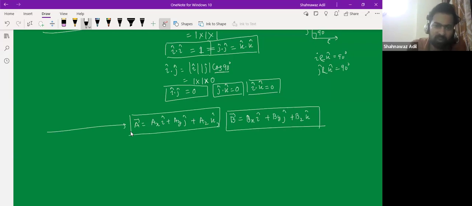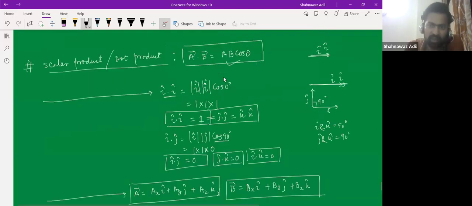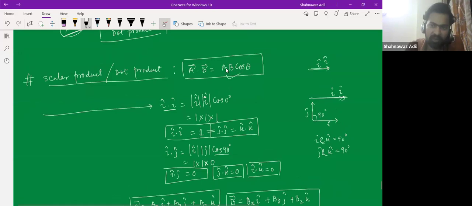One way to find the dot product is this: AB cos theta, magnitude of A, magnitude of B, and the angle between them, right?